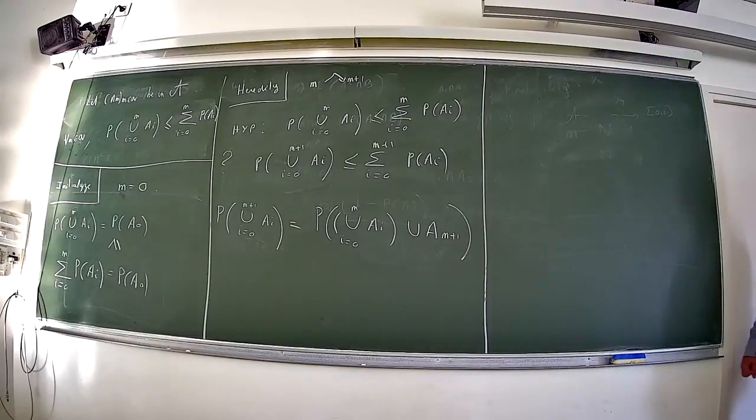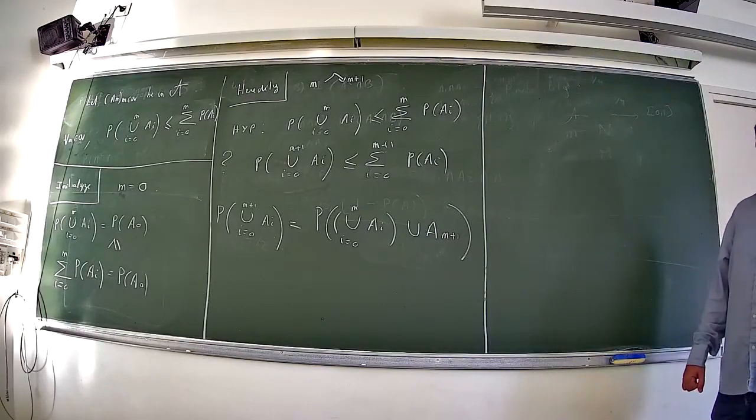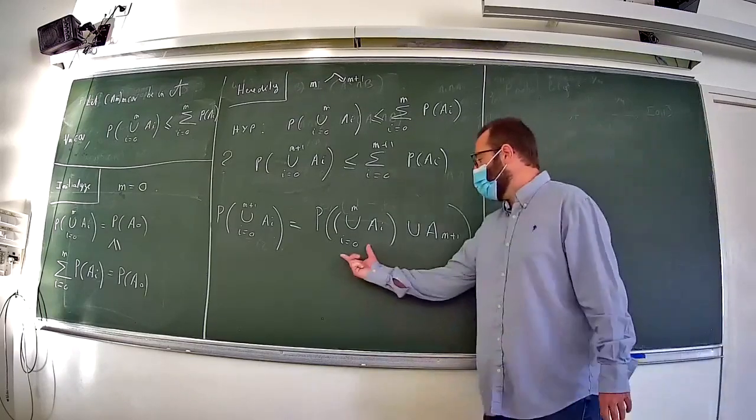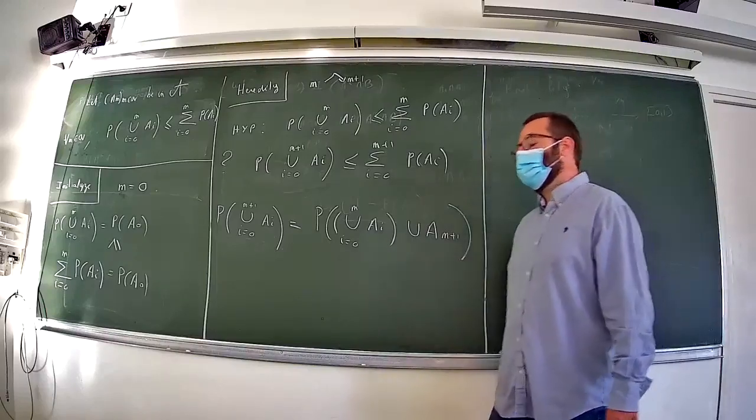I separate my union from 0 to n plus 1 into the union from 0 to n and the last set, that is A_{n+1}. So it means that I have two sets now.